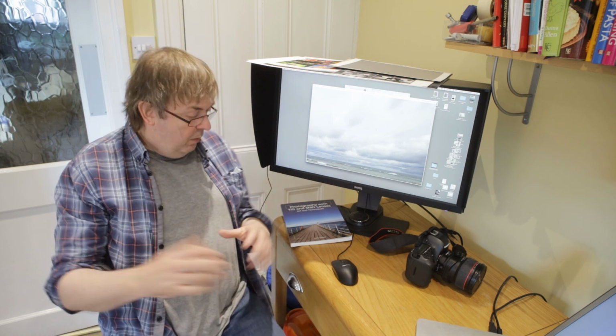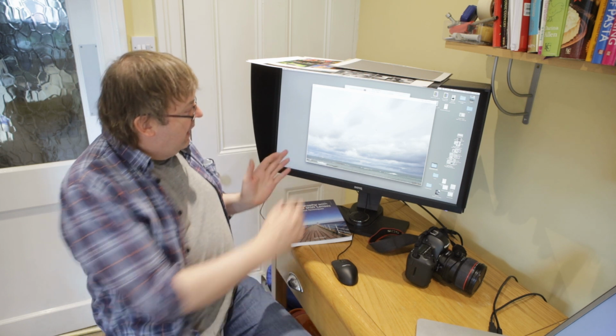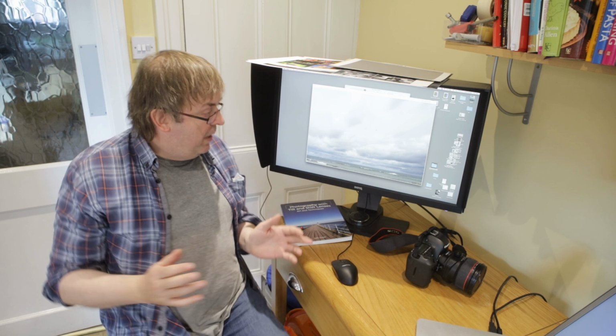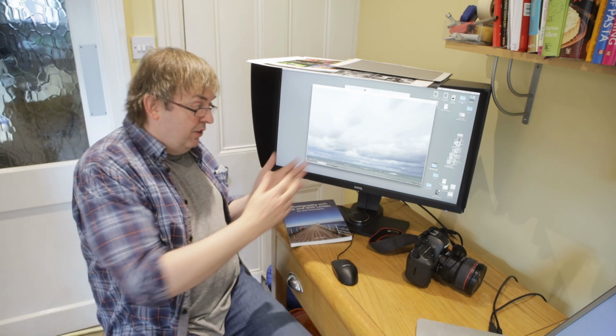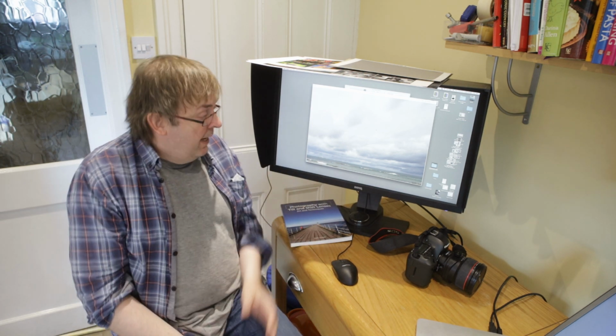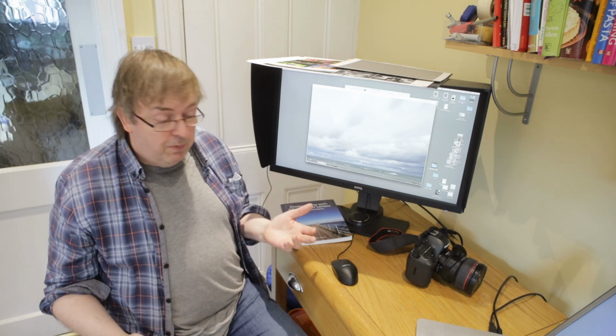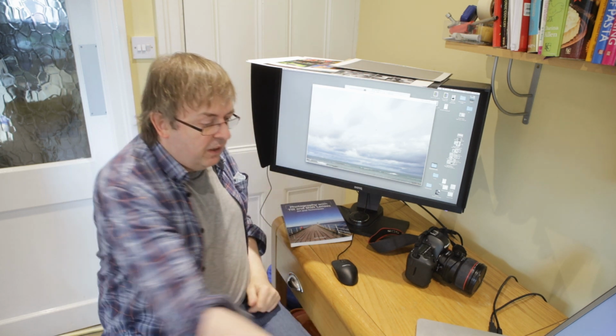So we're not talking small desktop printers, we're talking big printer here. And that is where things like this make quite a difference. Now, hopefully I will be able to show you some large prints of some of these images at some point, and you'll be able to see the point I was making. But hopefully you're getting an idea that shift lens is not just about stopping making buildings fall over.